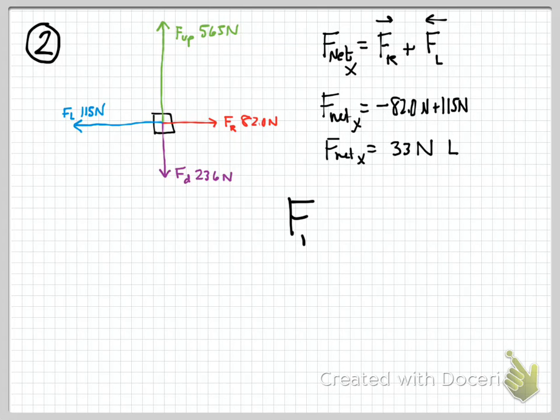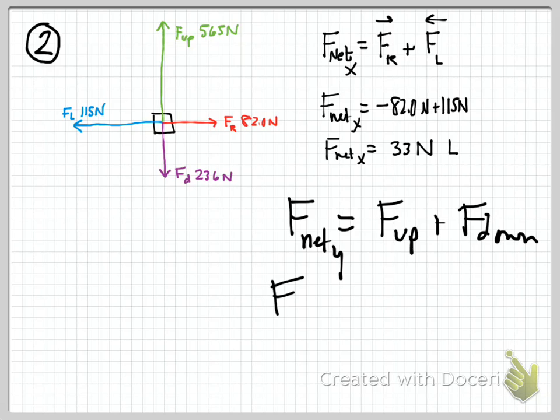So we have F net on the y, which is equal to F up plus F down. Again, traditionally the up is positive and the down is negative, and that works out well for us here because up is the larger.